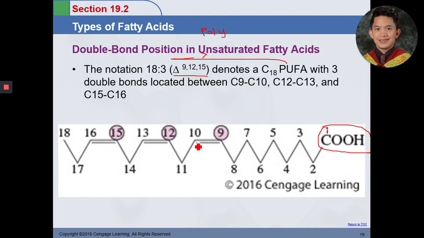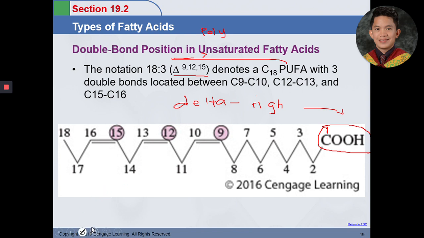Again, we number the carbons starting from the carboxylic acid end if we are using the delta annotation. Remember this one: for delta annotation, we count the carbons from the right-hand side, from the carboxylic acid end.